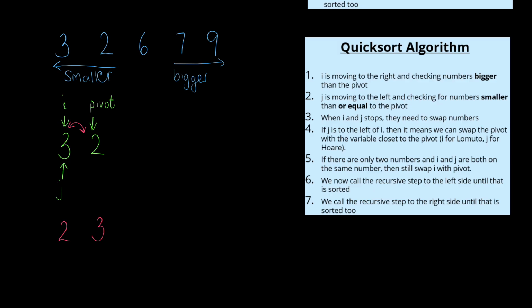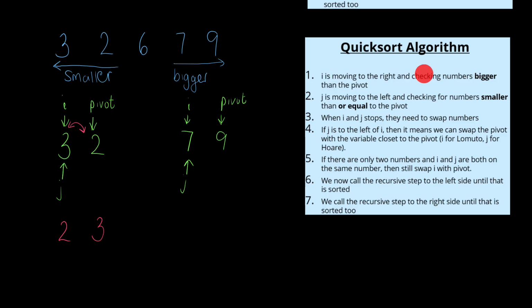We're now going to look at the right side of 6, which is 7 and 9. So that's 7 and that's 9. This is our pivot. This is I and this is J. We now need to ask those same questions.